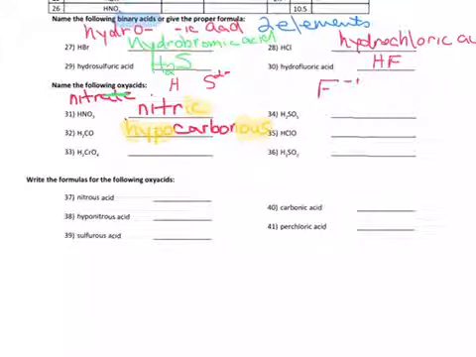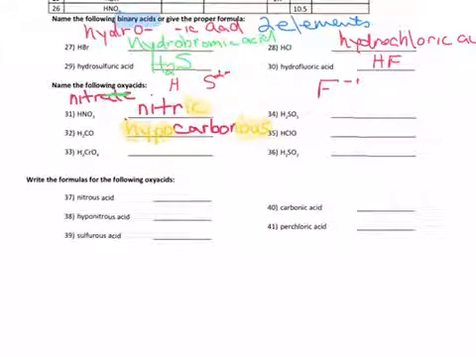All right, let's skip over to 34. You're looking on your polyatomic list for SO5. If you don't see SO5, what's the one closest to it? Sulfate. Sulfate is SO4, so do I have more oxygen or less? More. I have 1 more, so the rule for 1 more, what prefix do I use?